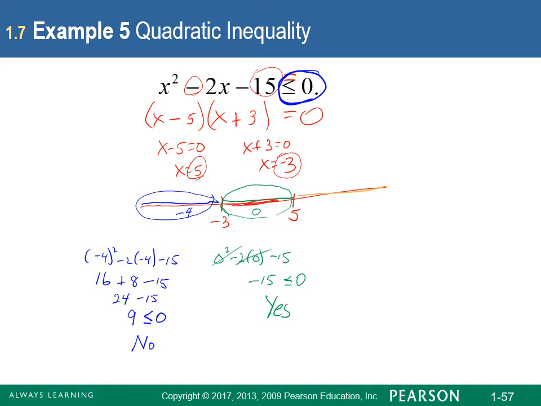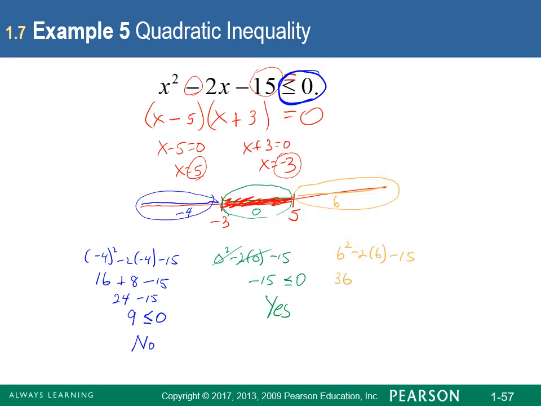Now I'm going to shade here in between the negative 3 and the 5 because that's part of the solution. Then we're going to take a number to the right of 5 that's in this region, such as a 6, and substitute 6 squared minus 2 times 6 minus 15.